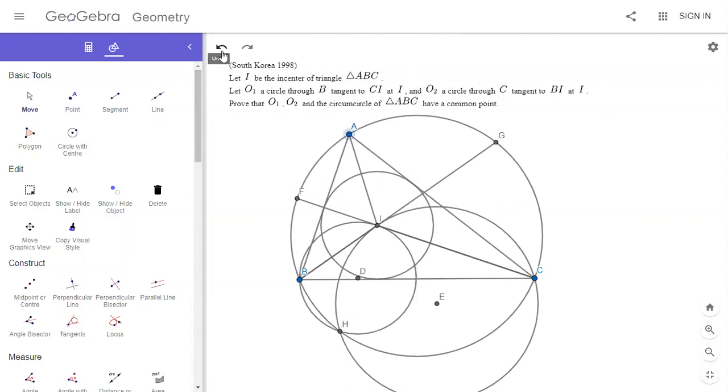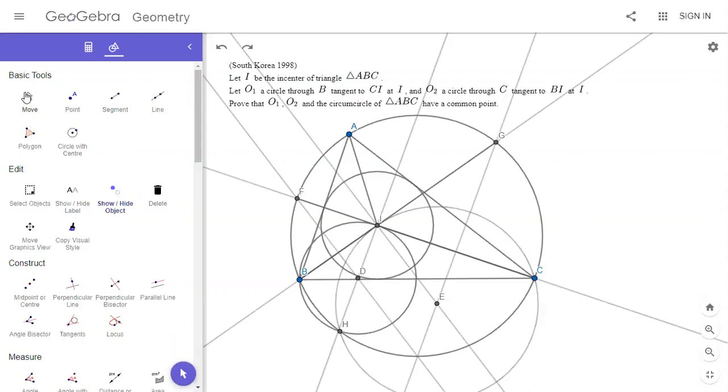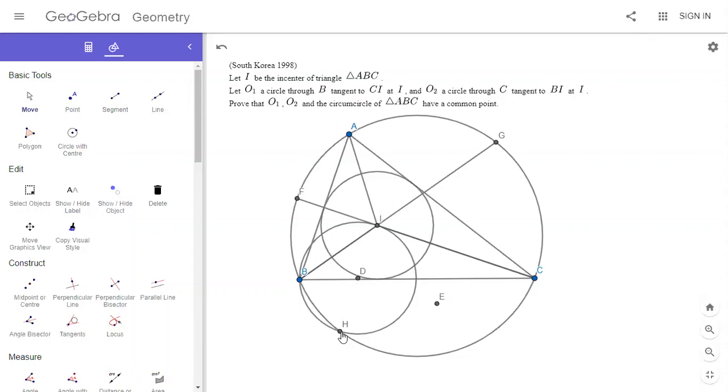So could we show that some two of the circles, so we can hide one and then the other argument's the same by symmetry, meet at the mixtilinear point?